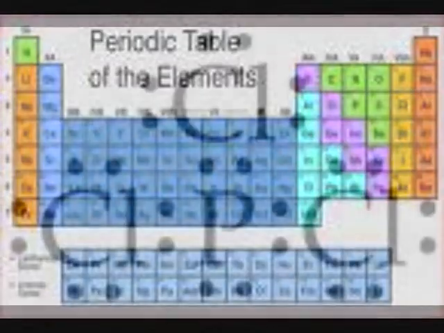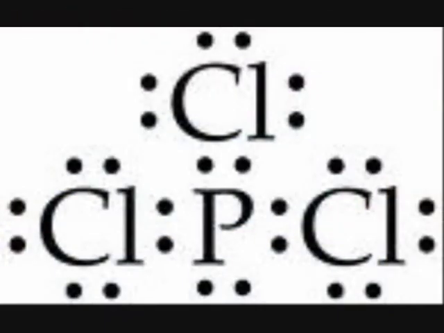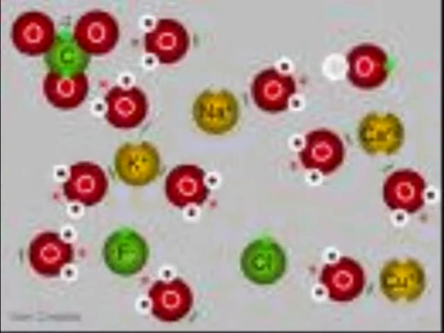Lewis diagram can also be used to predict the type of ion that an atom might make when it forms an ion, and it's going to look something like this.